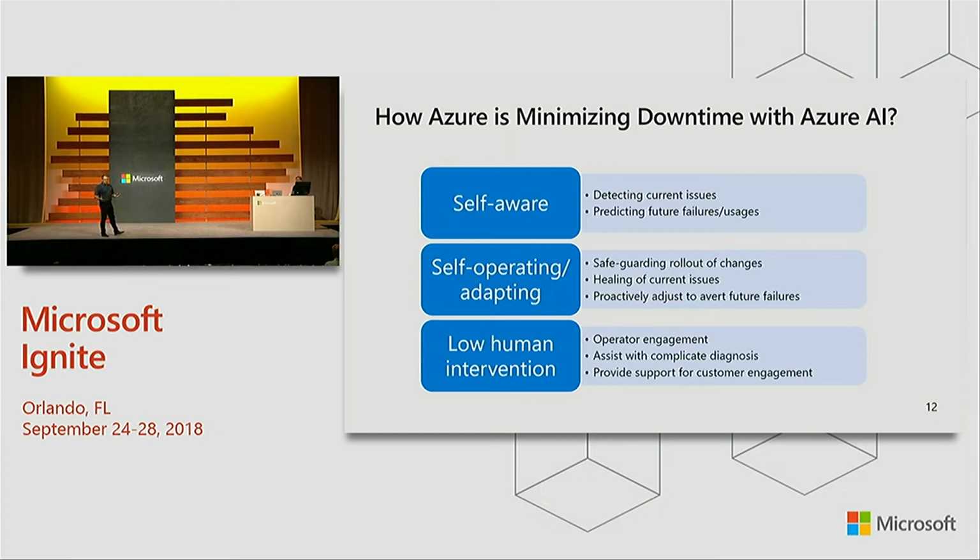Definitely this is important in case of outages and scale, but it's also important for even specific VMs. So it's not just low human intervention, it's also a question of how quickly we can call this human. And by the way, if we think that something is going to go wrong, but it's all cool right now, and the system doesn't know what to do, fine, engage the human. Better engage a human before something wrong happens, right?